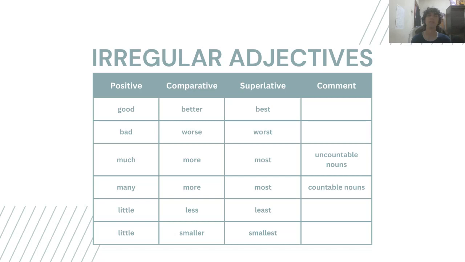These adjectives don't follow a regular pattern like the adjectives before. For example, good, better, best, bad, worse, worst, much, more, most, many, more, most, little, less, least.